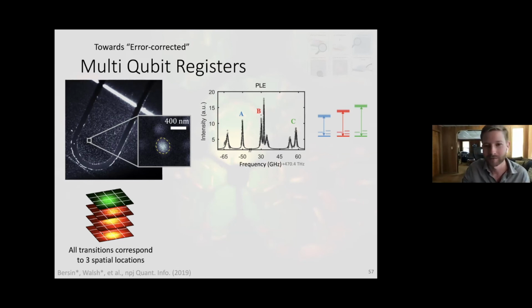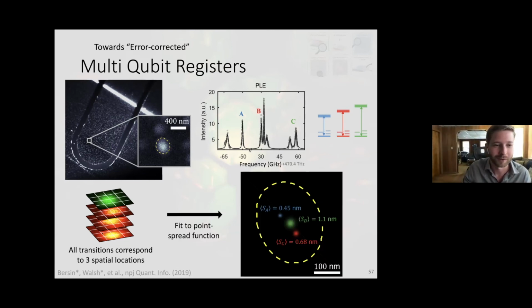And from that, assuming that we can fit to our point spread function, which we did, we can figure out where these are within the diffraction limit. And so you're exactly right. The way you address them is resonantly rather than off-resonantly. By doing so, not only can you see exactly where they are without interference from another one, you can actually read out their state without interfering with any of their neighbors, which is going to be insanely important for an error corrected register.